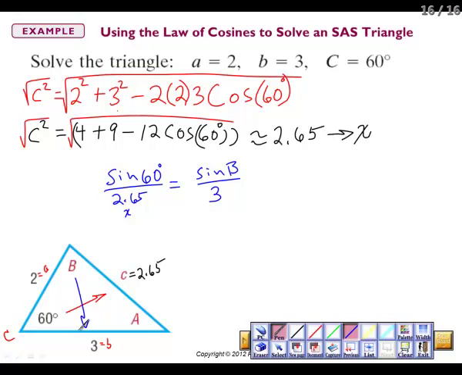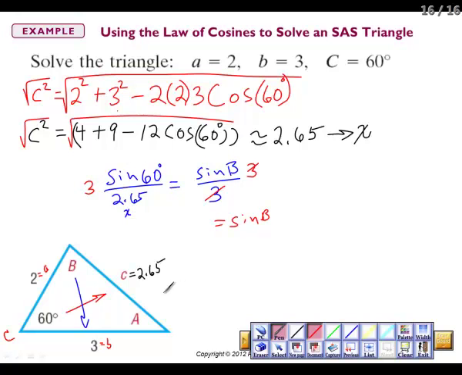So at this point we can multiply both sides times 3. We don't want to cross multiply because here we can just get rid of the 3 and now we just have sine of angle B. And so here we have 3 sine 60 over 2.65.